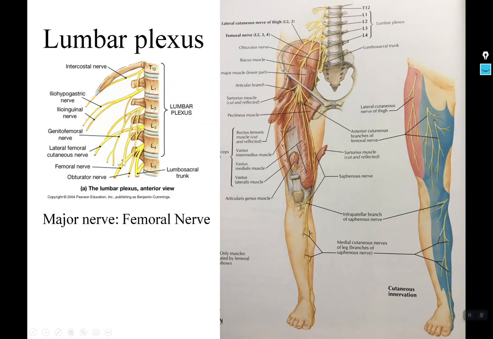So we got L3, L4, and then this is the genitofemoral nerve. And we go down, what we're going to find is that it immediately branches into a bunch of stuff. So that's going to supply the rectus muscles of the anterior thigh. So these are the things that allow you to lift your leg and pick your knee up. And it also branches out to supply the medial portion of your leg.